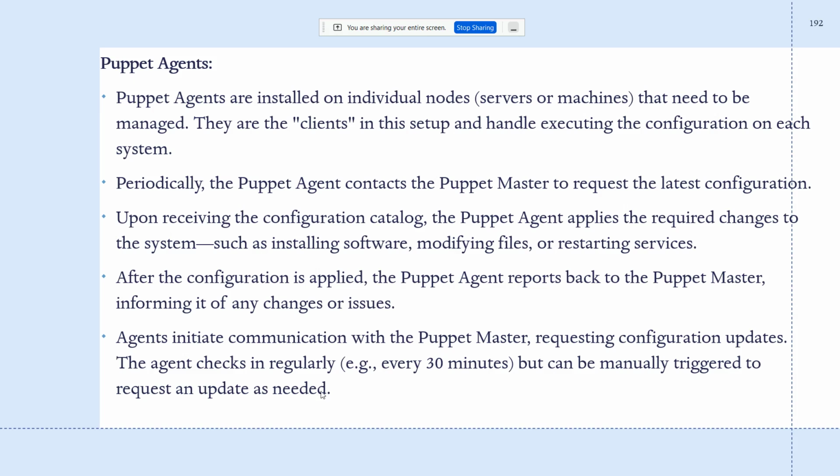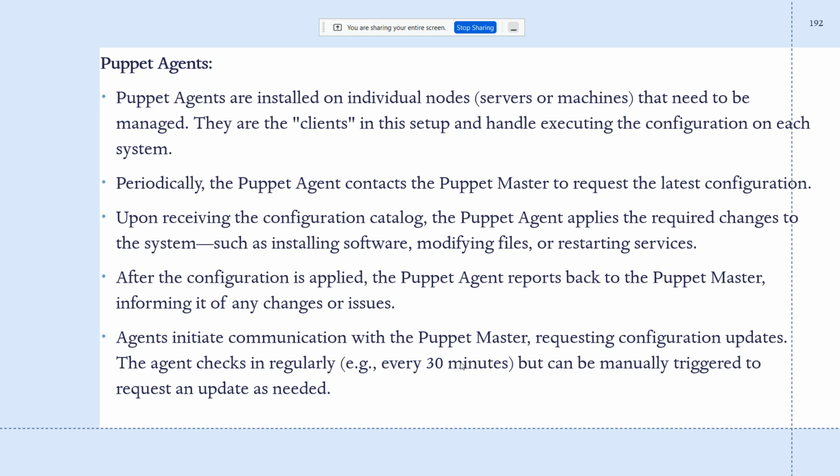So agents initiate communication with the master, requesting configuration updates. The agents check in regularly, every 30 minutes, but can be manually triggered to request an update as needed. So every 30 minutes the master checks whether it is getting any request from the agents, or you can also check manually. If it is getting a request from an agent, the master sends the appropriate configuration catalog to the agent.